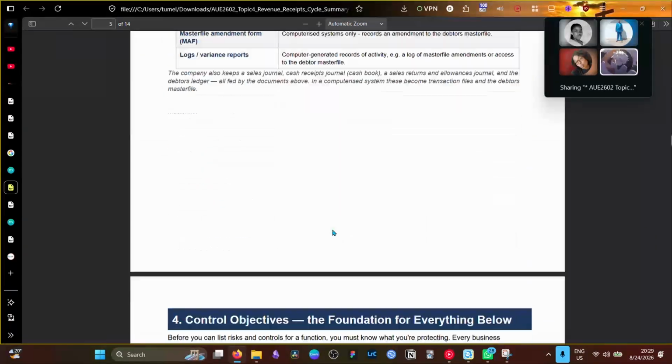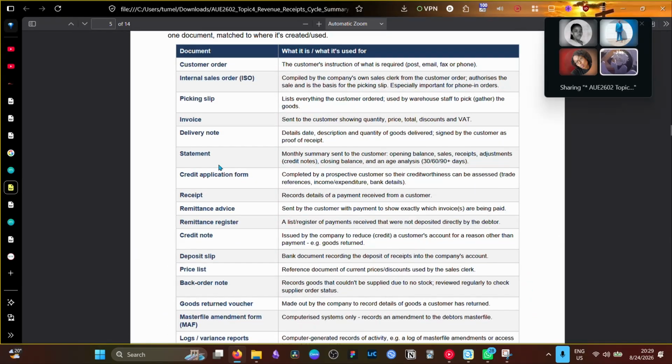And then we have a statement. Statement: monthly summaries sent to the customer, opening balance, sales, receipts, adjustments, closing, and age analysis. This all depends. This age analysis could be at the start of the credit management department as well. So some places could involve different stuff.